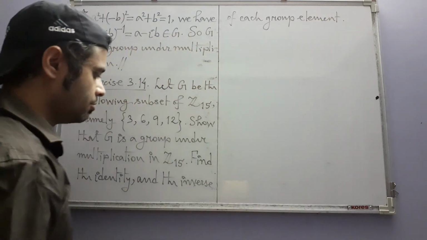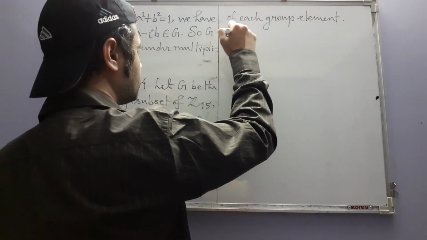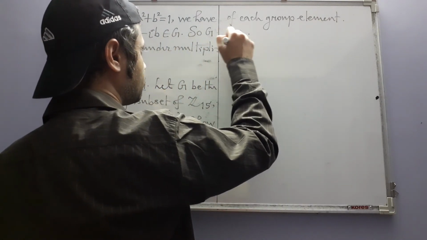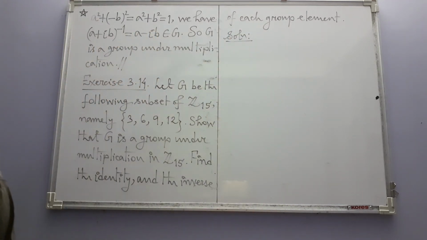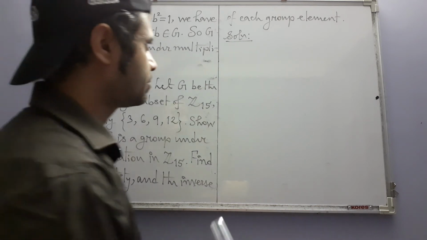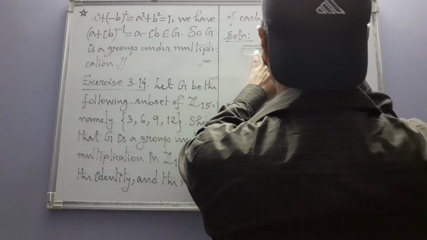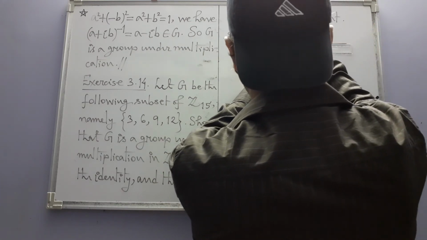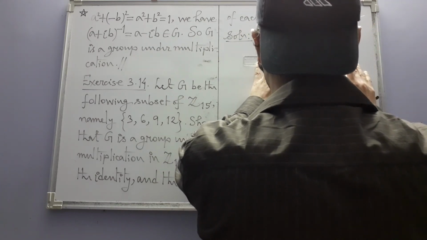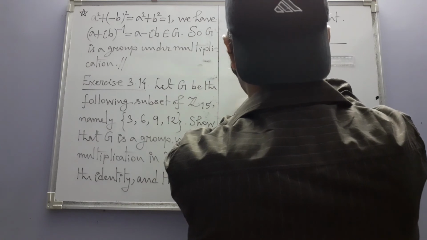So what we will do here, we will form a group table for this, and in that table you will have to write the formal answer, the formal solution, of which the group table will be a part.